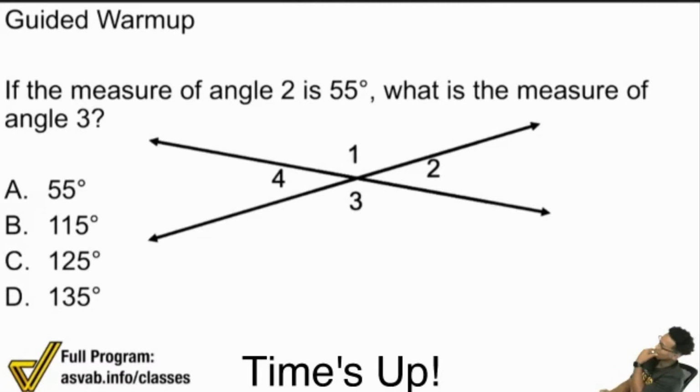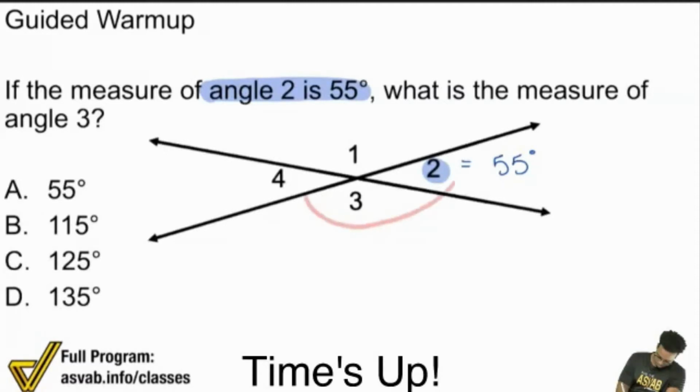So in this case, it says if the angle 2 is 55 degrees, what is the measure of angle 3? So angle 3 and 2 make a straight line, which is 180. So we just have to subtract 55 from 180 to get 125. So that's the answer right there.